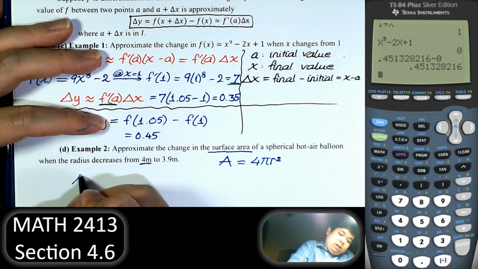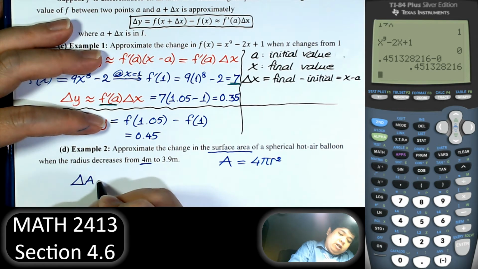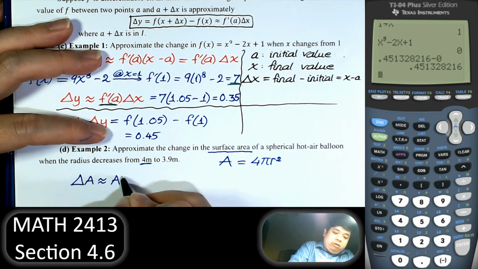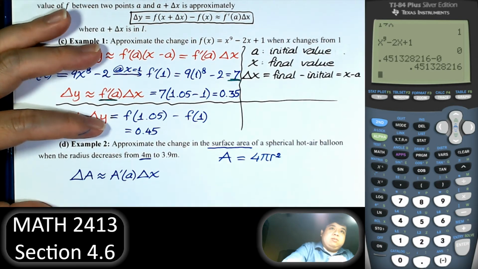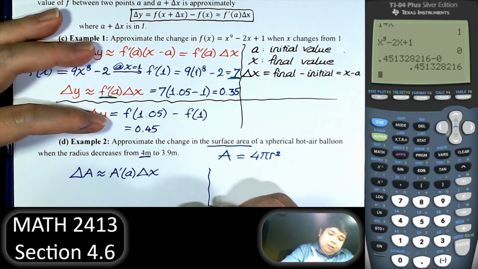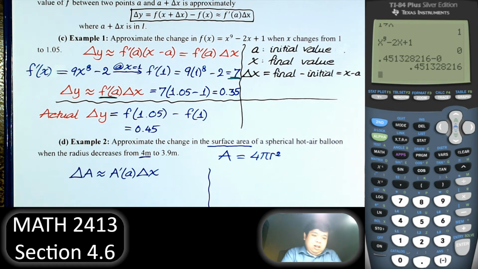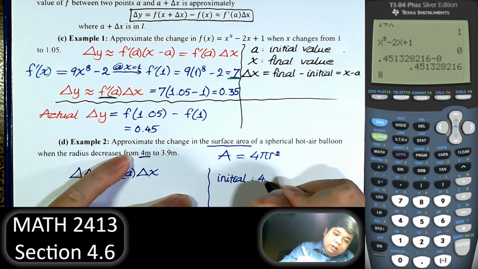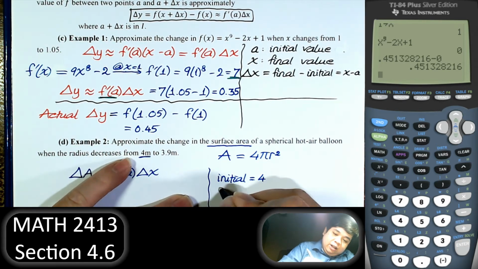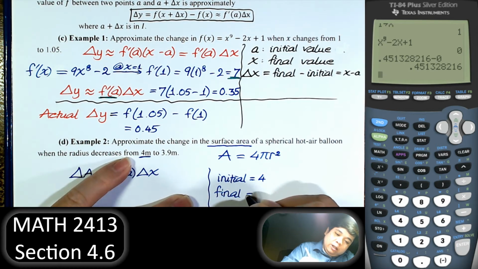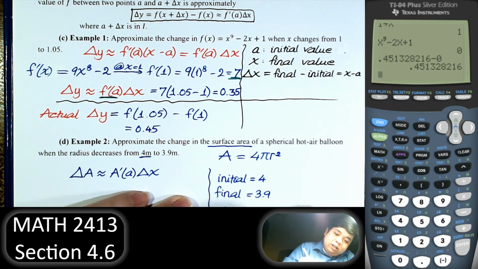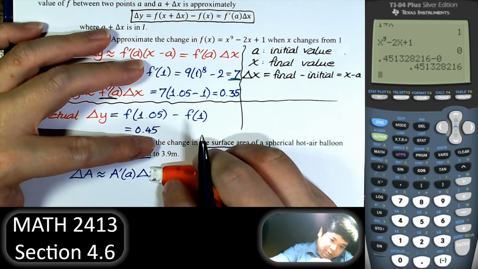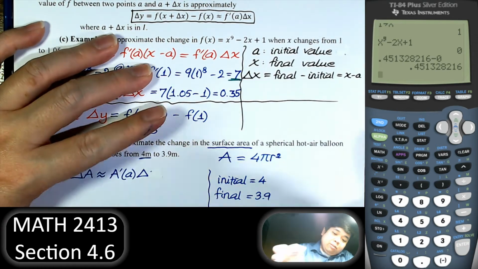So the change in the area is approximately equal to the derivative at the initial values times delta x. Pretty much that. Of course, initial values, it is from 4, and the final values is 3.9. The delta x, the change in the x values, or here the change in r, because r is the variable.